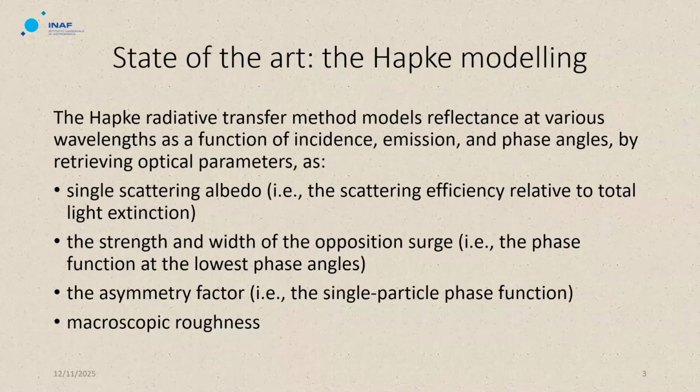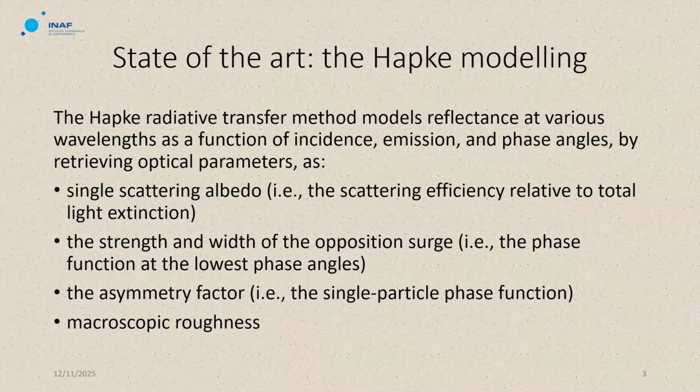The state of the art, the most used method for photometric correction, is the Hapke modeling. It is a radiative transfer model which models the reflectance as a function of all three angles by means of a series of complicated equations, where 5 optical parameters are retrieved.